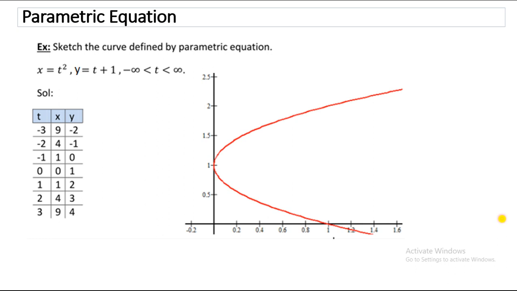If x equals 9 and y equals 4, here. Connect the points with a curve. This is a parabola.